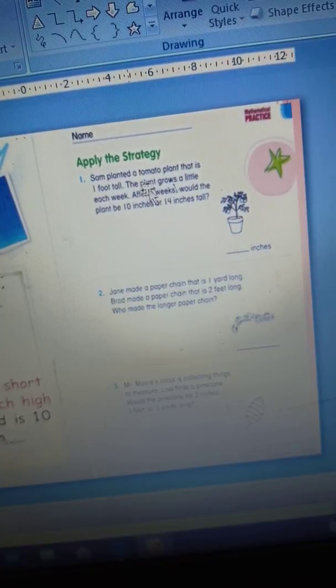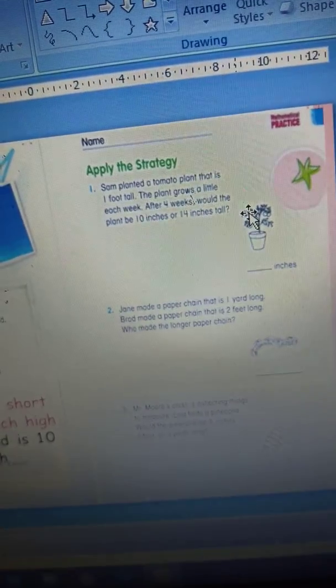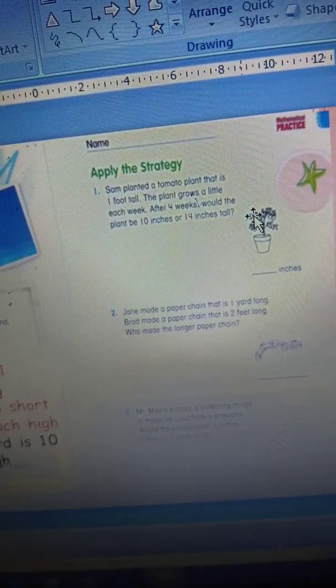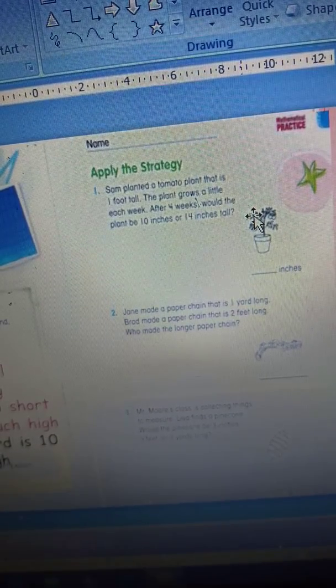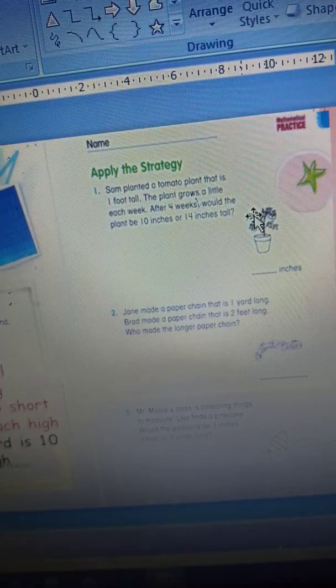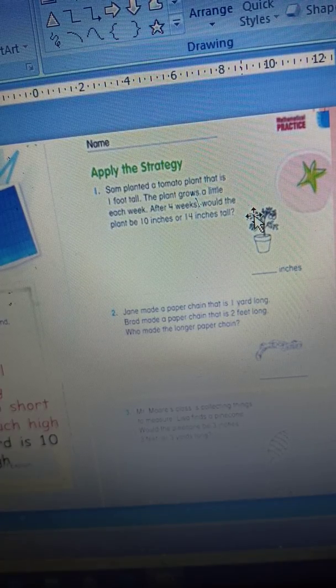Now, the plant grows a little each week. After 4 weeks, would the plant be 10 inches or 14 inches? Again, after 4 weeks, would the plant be 10 inches or 14 inches?